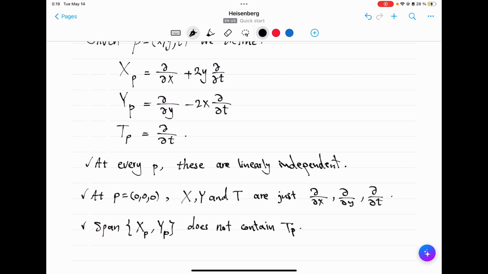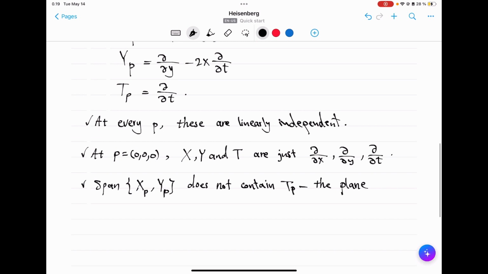And of course this follows from the previous claim that they are linearly independent. But I wanted to mention this. Geometrically, this means that the plane is never vertical.